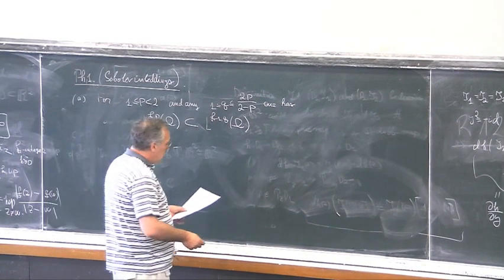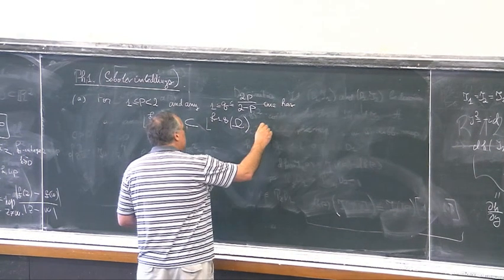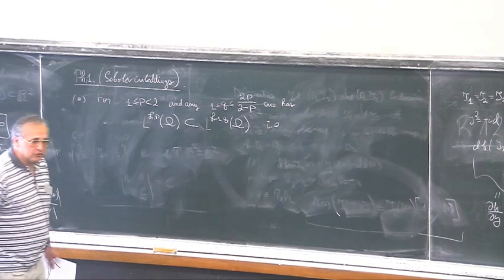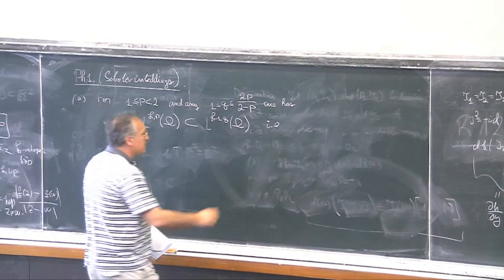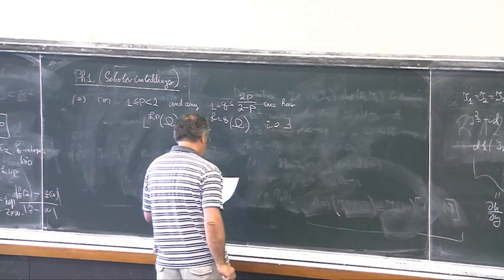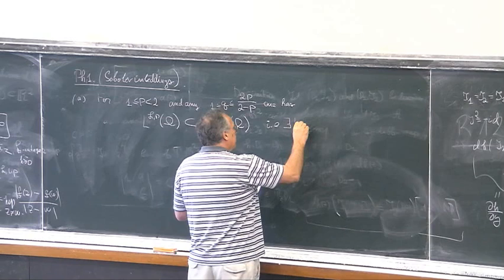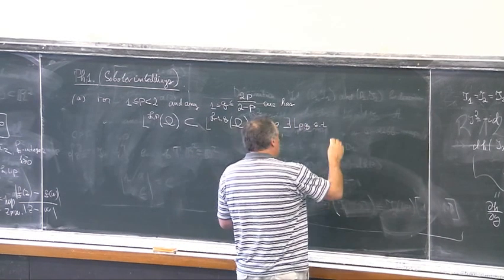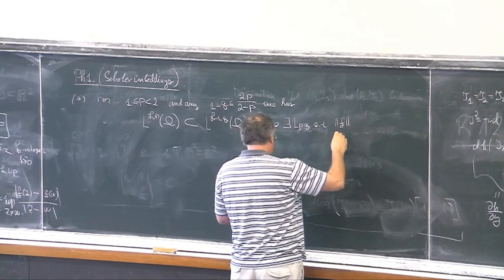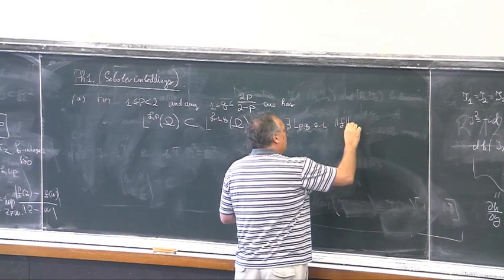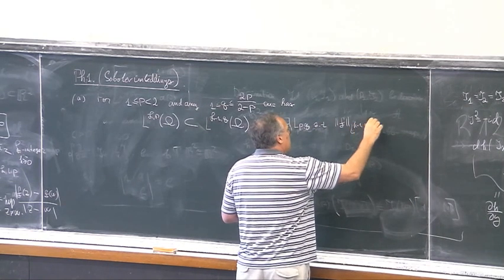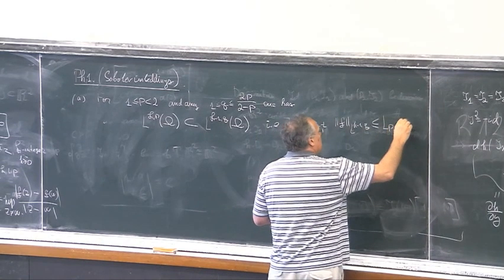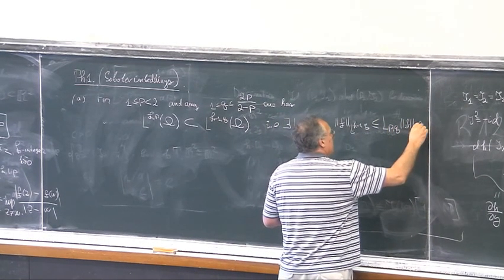Well, the way one uses this is that there exists a constant c_pq such that the norm of f in L^(k minus 1)_q is bounded by this constant times the norm of f in L^k_p.